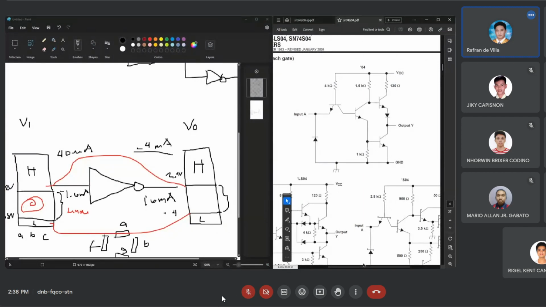Okay. Who could explain to me why the current output low is larger compared to the current output high? Miss Mandresa, can you give me your version of the answer as to why the current output low is larger compared to the current output high?